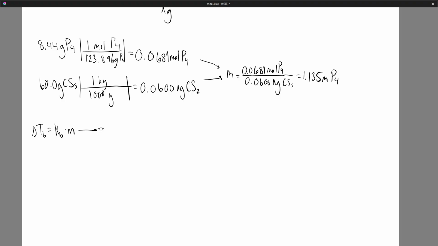Change in TB is equal to 2.34 degrees Celsius over molality times our calculated molality, which is 1.135 mole. You can bring over the P4 if you want, but it's not really necessary.